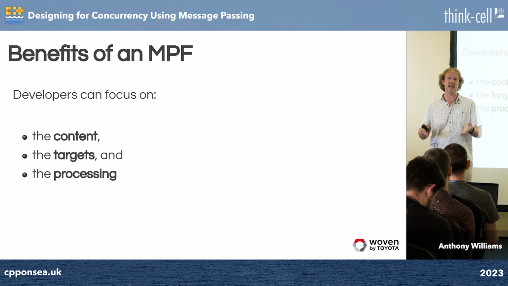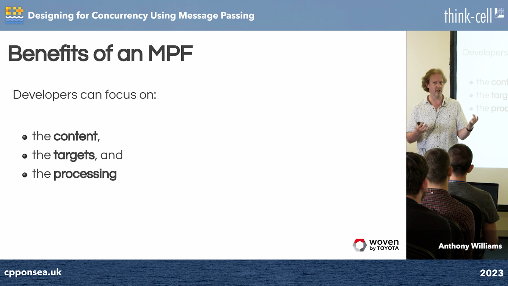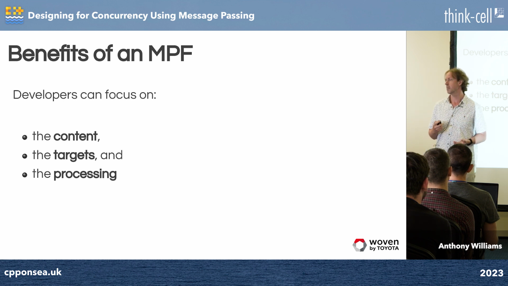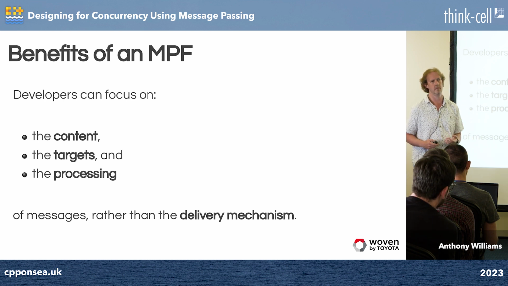Realistically, nobody cares about the method by which the data gets from computer A to computer B. What they care about is, does the car stay on the road? And things like that. So yeah, focus on the messages, not the delivery mechanism.